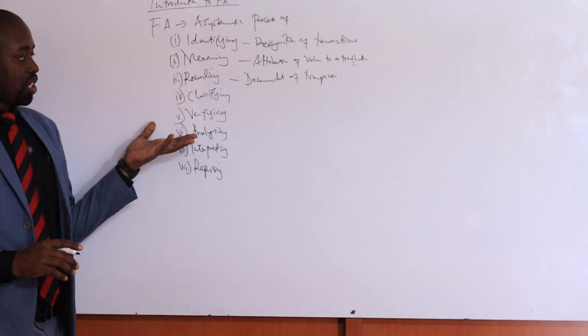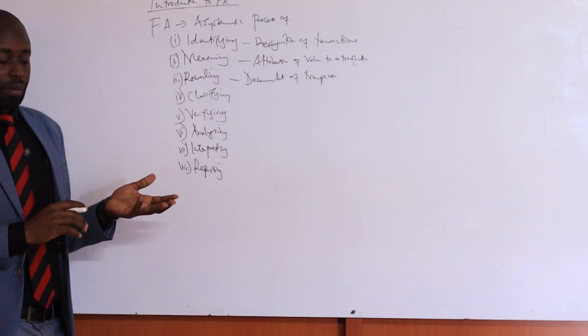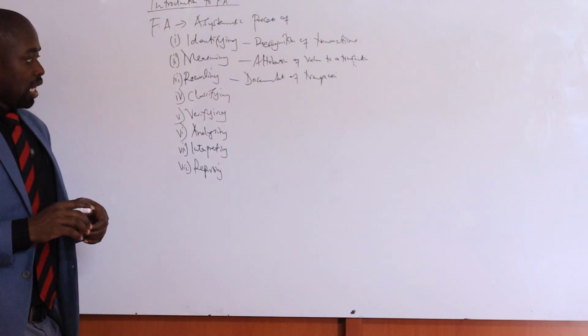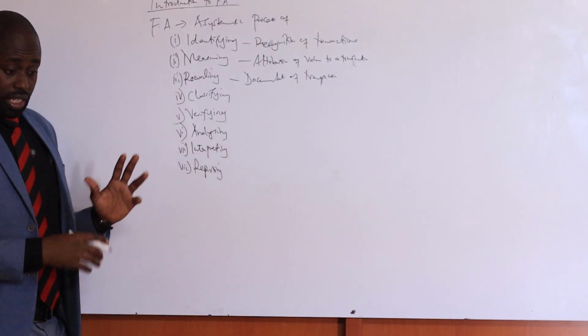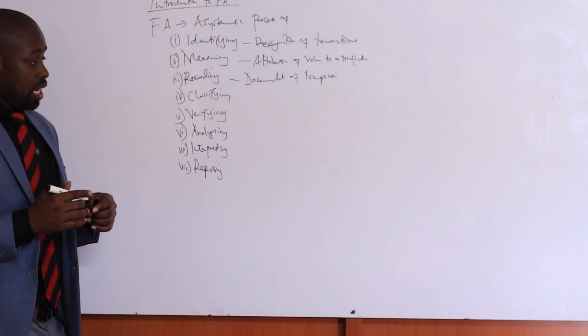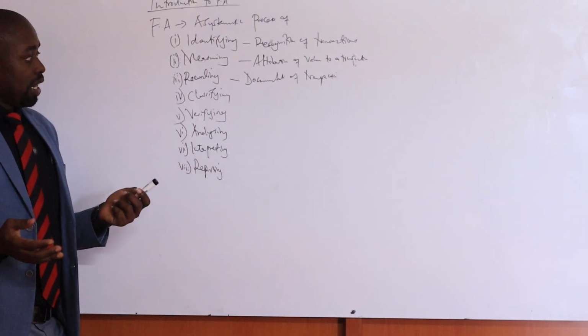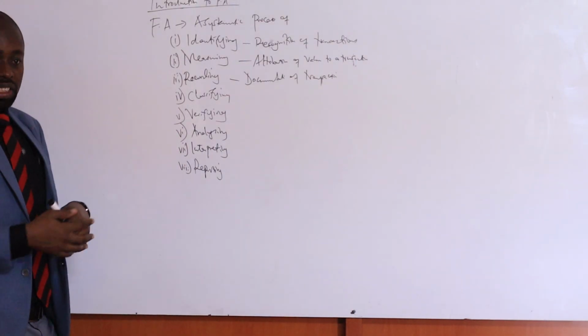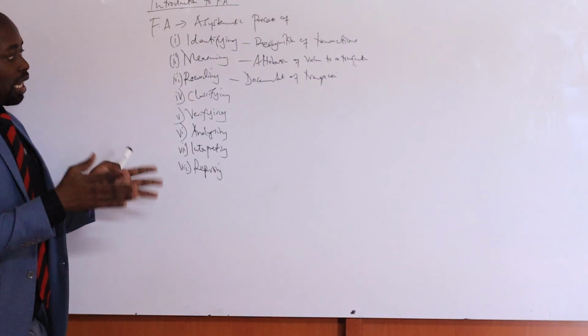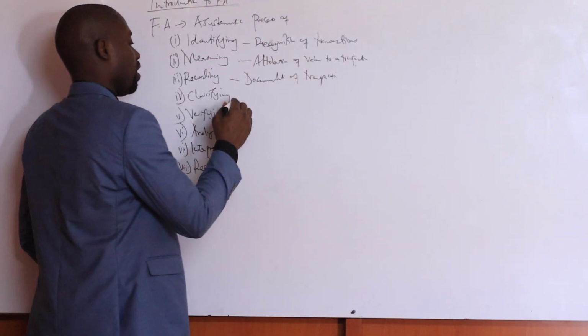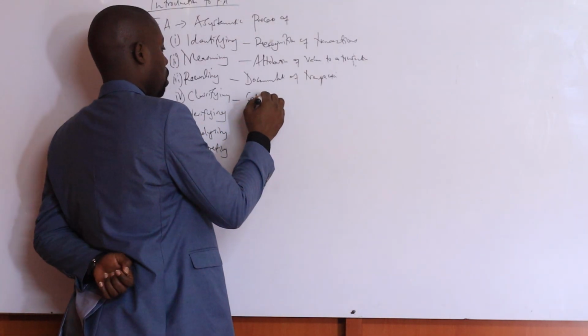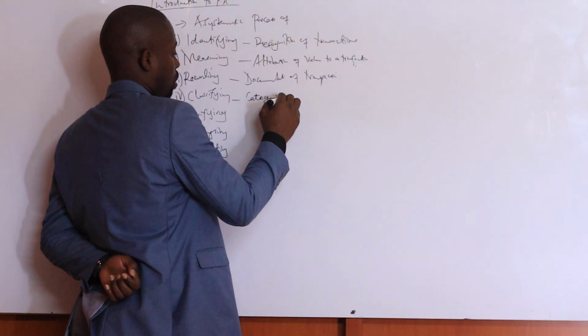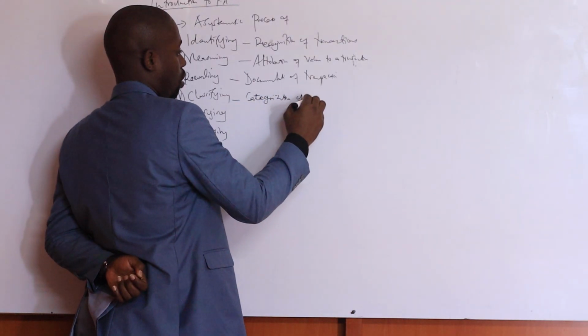Classification is the categorization of transactions in different subclasses. We could classify transactions as sales, as purchases. We could classify some elements as being assets, as being expenses, as being liabilities. So classification is the categorization of transactions.